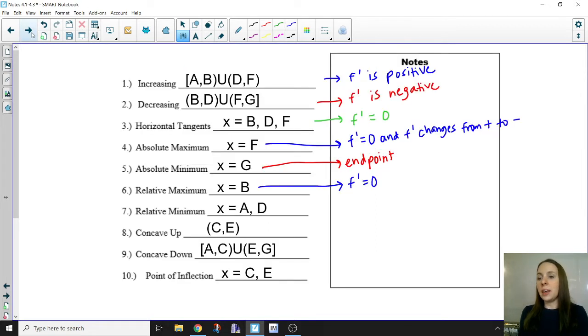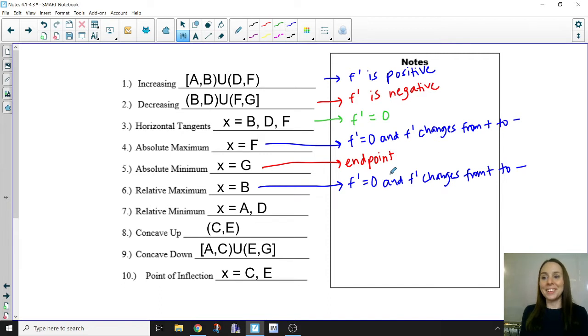Or you could say that the derivative was changing sign from positive to negative again. So that's something important to look for with maximums: a place where the derivative changes from positive to negative at one of those turning points.